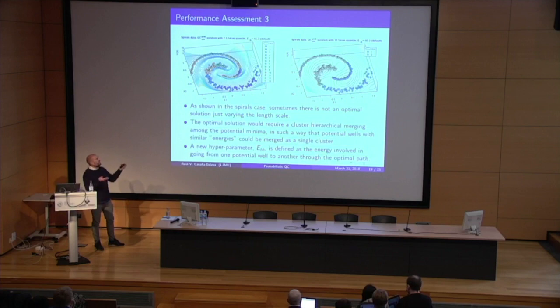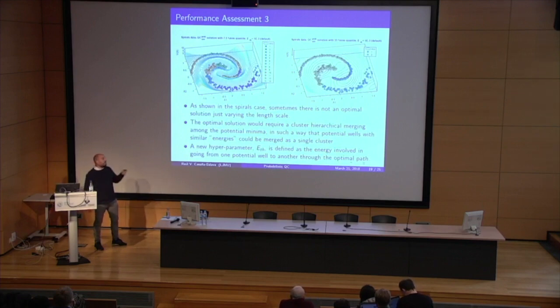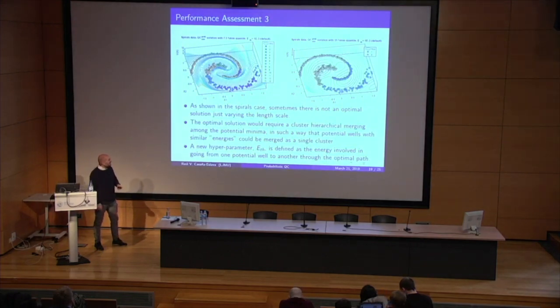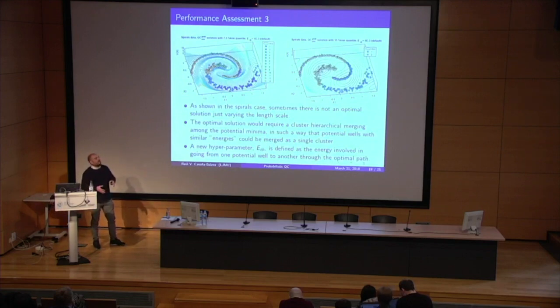If you measure the difference in energy between one potential well and another, you can find that in that topology there is a group of potential wells where going from one to another involves very little energy, compared with crossing that valley and that valley from one side to the other. So we can define a kind of hierarchical merging clustering in terms of the energy involved in going from one potential well to another.